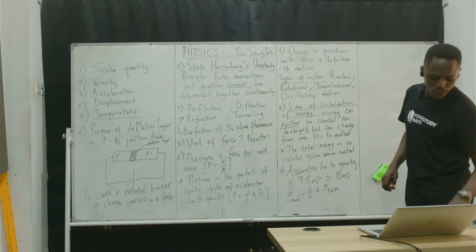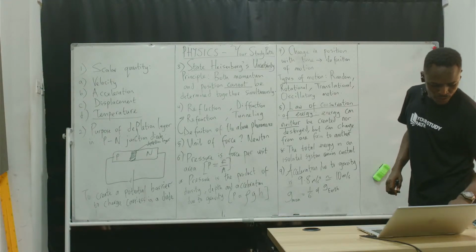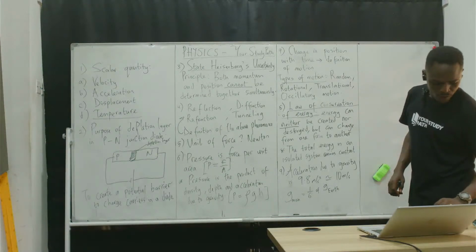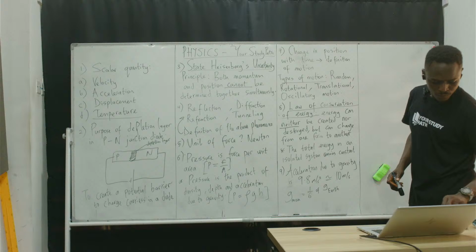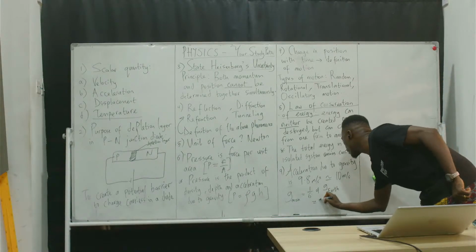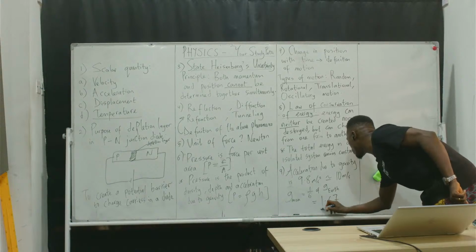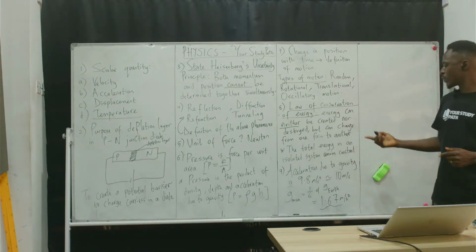And that's why when you divide 9.8 by 6, so let's use 10, you have a value around 1.67, which is the general case scenario you see in most books.